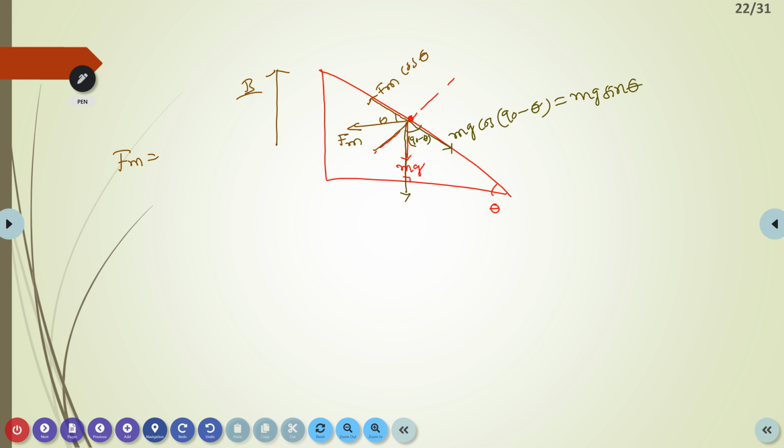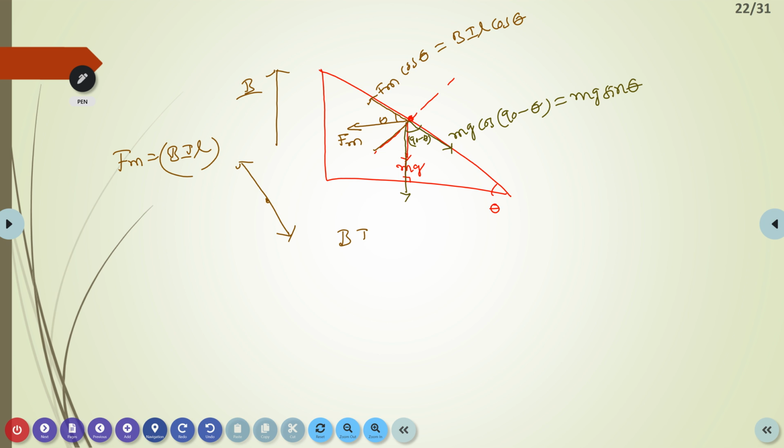Here Fm is nothing but the force experienced by the rod in the magnetic field. We know the equation BIL, so this is equal to BIL into cos theta. Now you see, for the equilibrium position, one force is acting like this, another force is acting like this. When both are equal, then the rod is in the stationary condition.